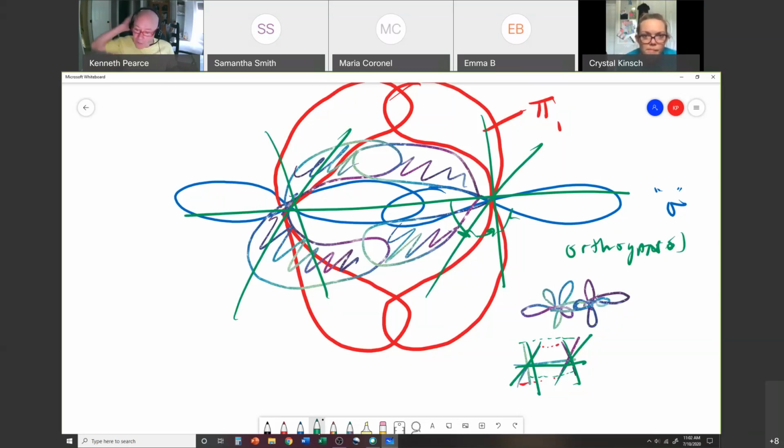Orthogonal means zero when you multiply them together. And so in this 3D space, the p orbitals, the two pi's and the sigma, are orthogonal to each other. That's the only way it can work to get these to mix mathematically.